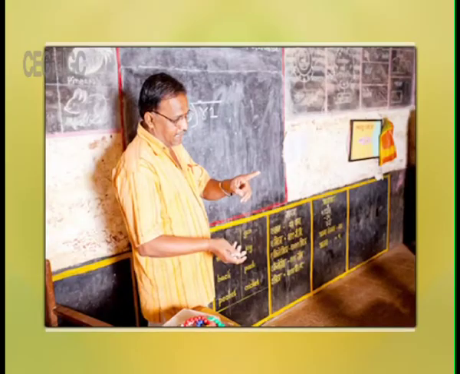Seventh, criticizing. In order to correct incomplete or unsuitable responses of the pupils, the teacher criticizes them in the class. He dominates the scene by asking questions with why, how and when, etc.